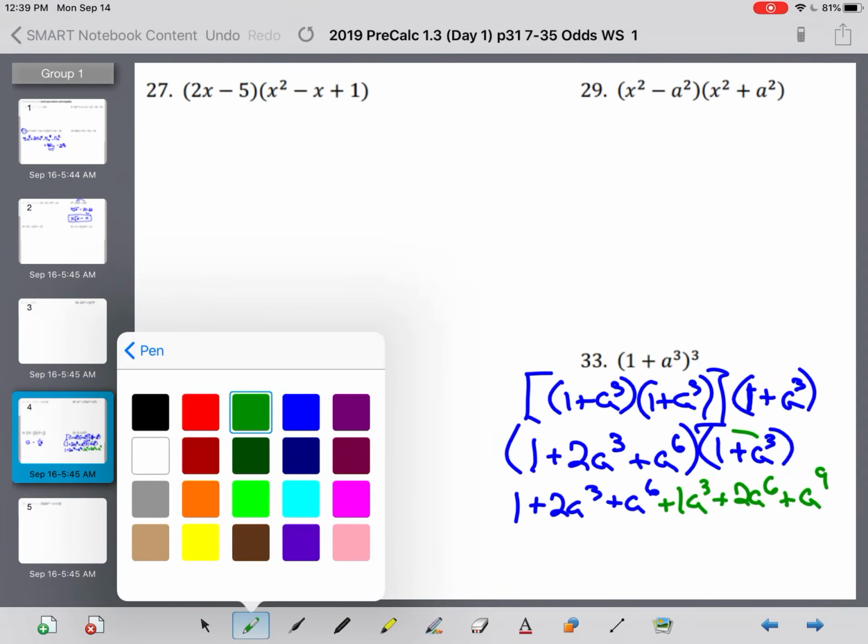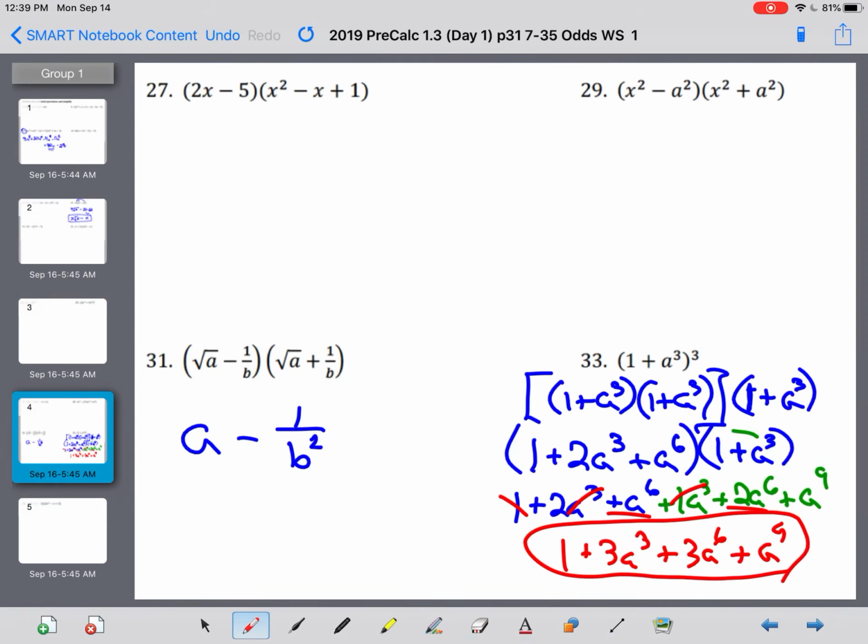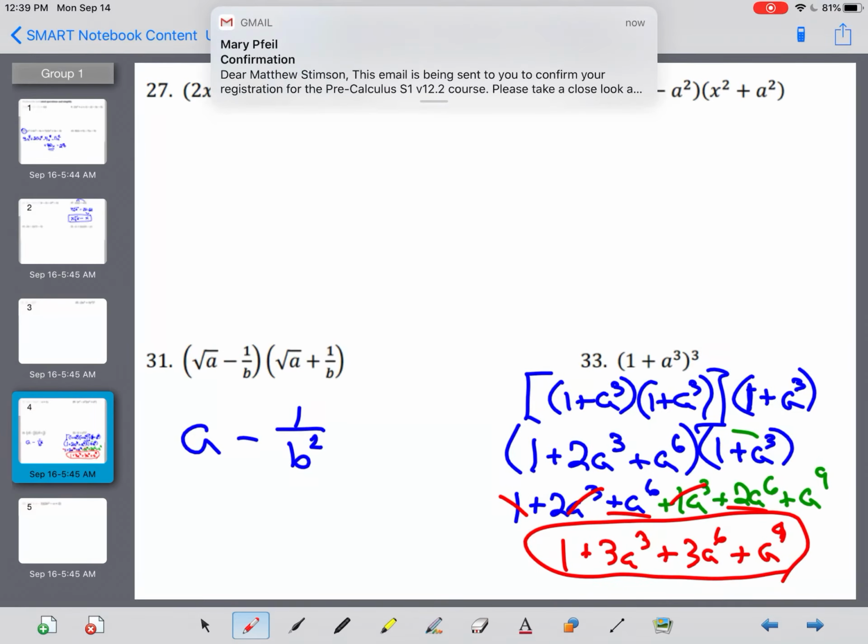So my final answer is going to be 1 from here, and then I get 3a cubed from this and this, 3a to the 6th from this and this, and then I have this a to the 9th. Okay, that takes care of number 33.